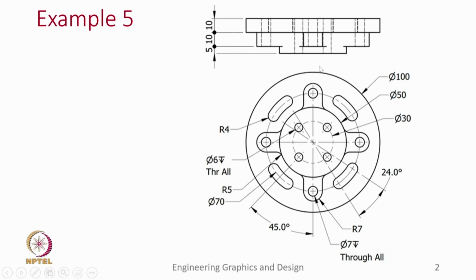On that base plate we have this slot cut, and on top of this base plate we also have this feature as an extrusion. And at the center there is another cylinder which protrudes for a height of 15, and it has a diameter given as 50.